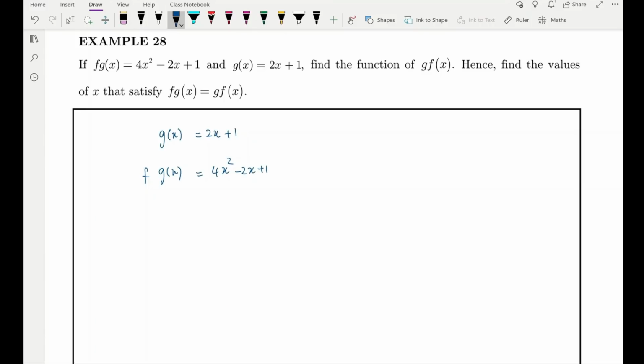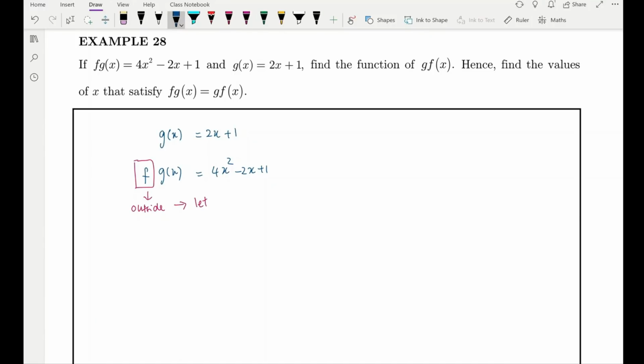And then we must find the function of f. So f is outside. Outside, we use the let method.